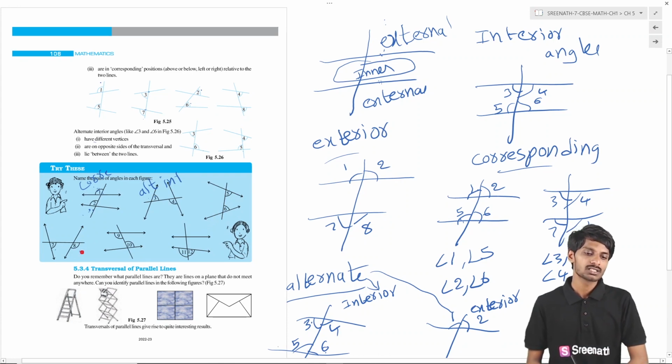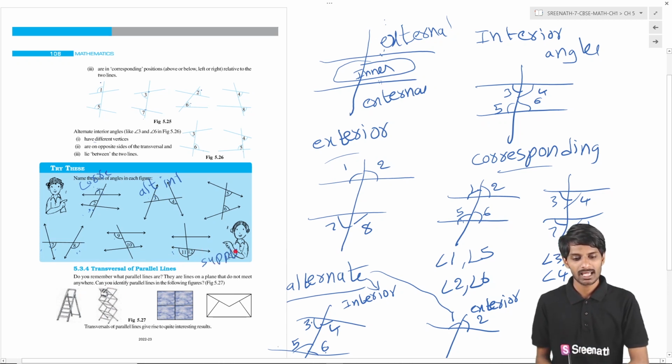And these are on the same side of the transversal, at different vertices, and in corresponding positions, so corresponding angles. These are the alternate interior angles. These are supplementary angles, friends.